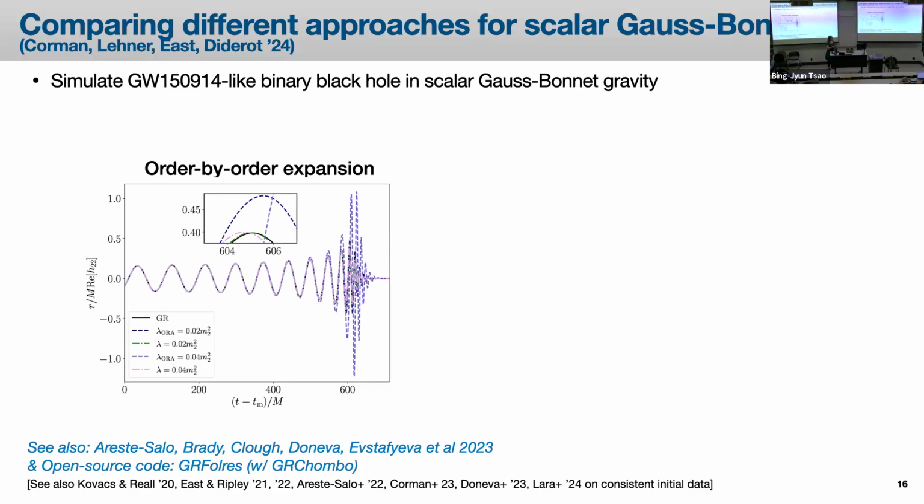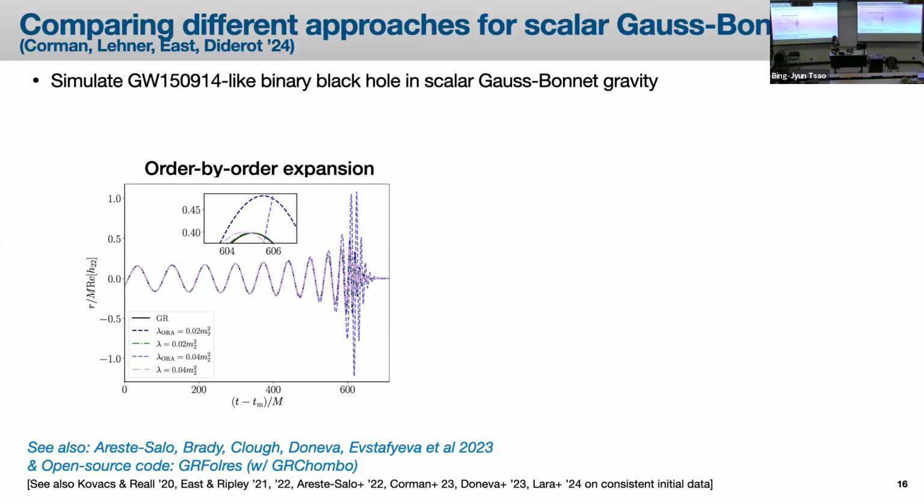We have GR in black. Also here's the inset. Then the dashed lines are the order reduction, so the order by order scheme. And the dash-dotted lines here are the full scheme. And what you can see, especially from the inset here, is that the full simulations seem to perform pretty well.